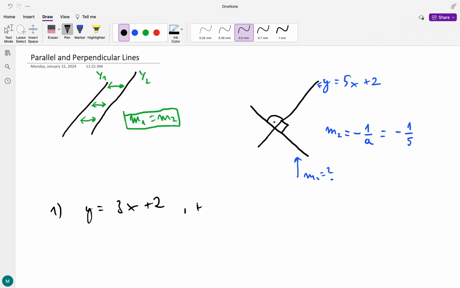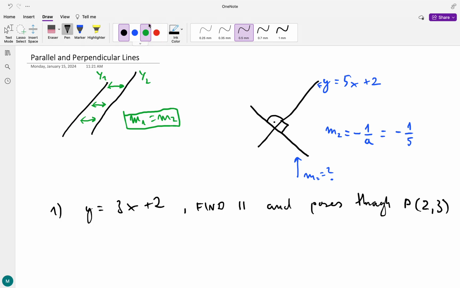And we need to find a line that's parallel and passes through point P. Let's say that point is (2, 3).